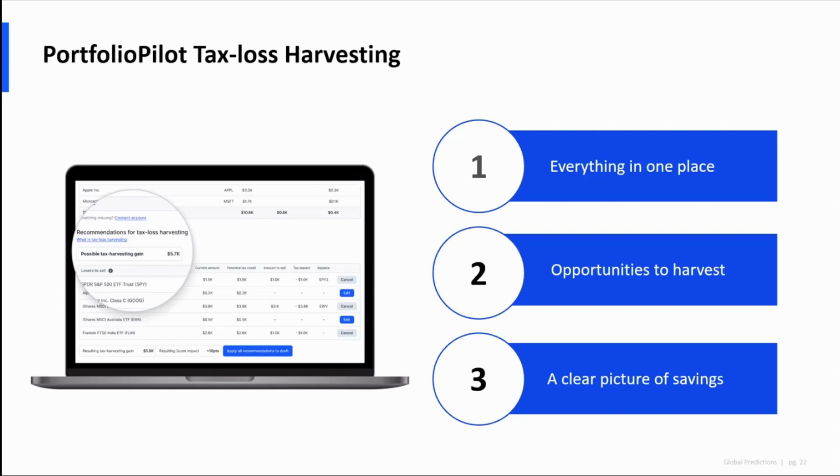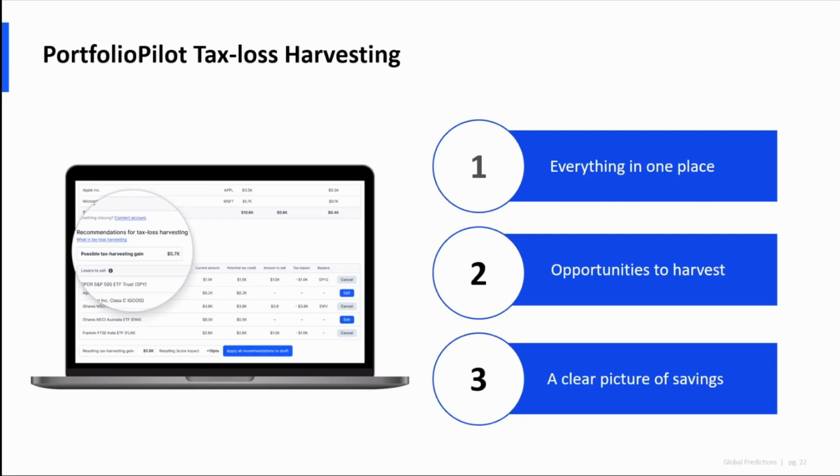So, of course, we just launched this on December 1st, and we're really excited to get feedback and get people using this, because I think it's really helpful, especially in a year like this. So one thing just to go over with this tax loss harvesting feature, just like PortfolioPilot is, we have everything in one place. So what we're using is your connected accounts to pull in not only what you've sold, but the metadata on cost basis and things like that.